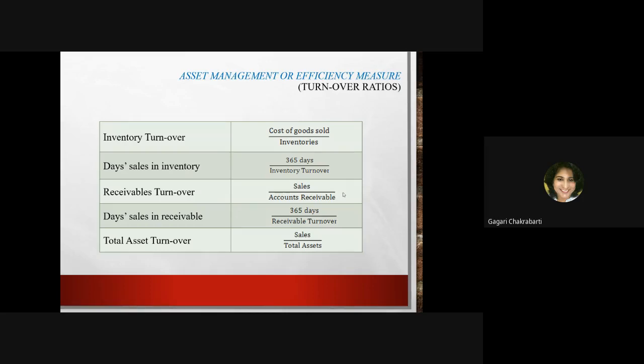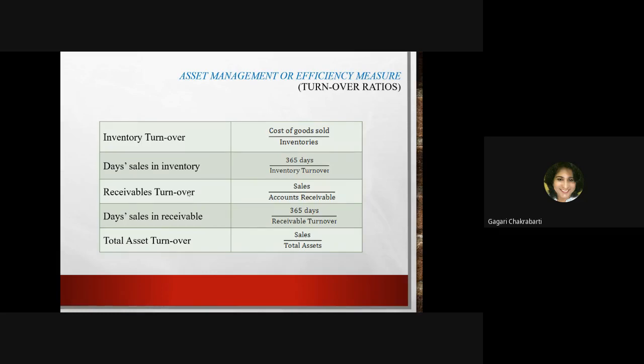Now, as is shown in any financial performance analysis, the days sales in receivable will be more appropriate or more meaningful for our analysis. It is just like days sales in inventory. Days sales in receivable will be just 365 days divided by the receivable turnover.